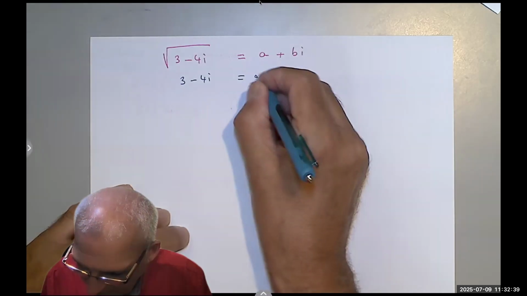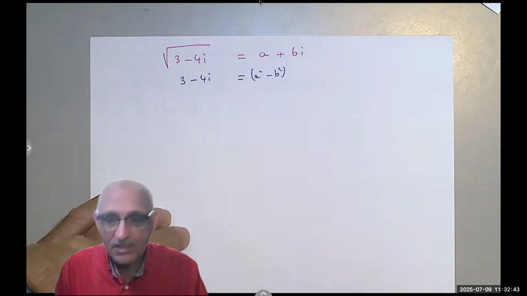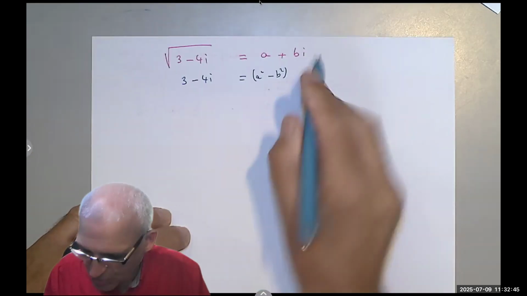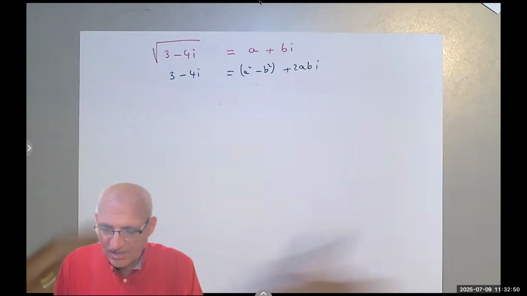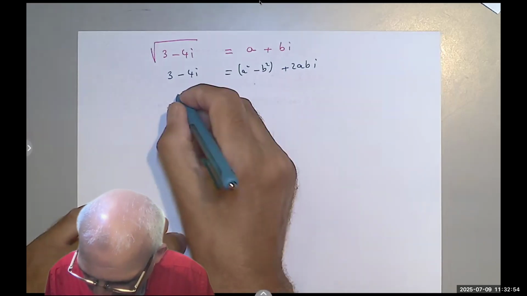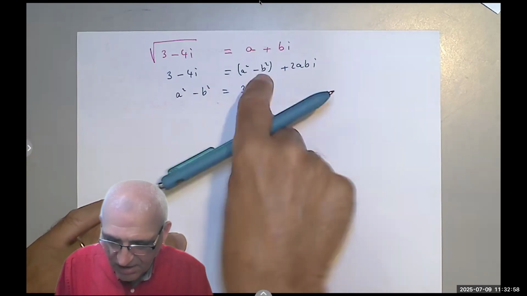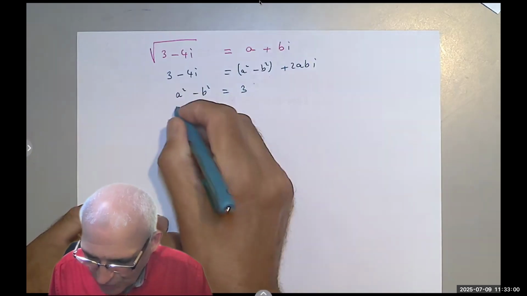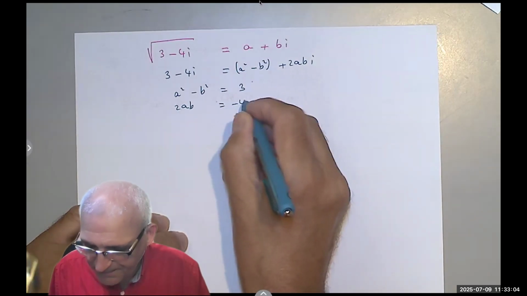So a square minus b square, that's the real portion. And then you have twice ab, so plus 2abi. So now I can write two equations in two unknowns, which are a and b. I can say a square minus b square equals 3. Real equals real. And 2ab equals negative 4.